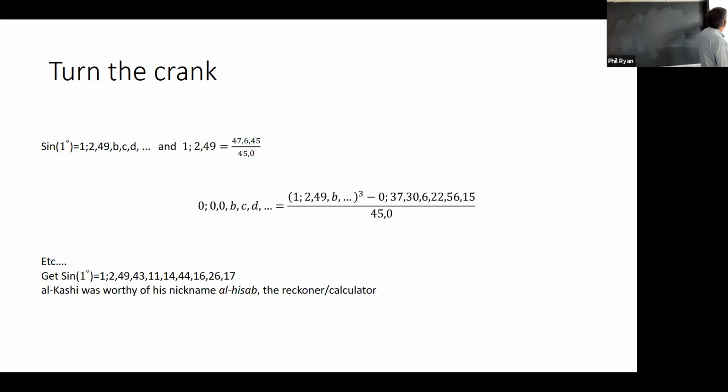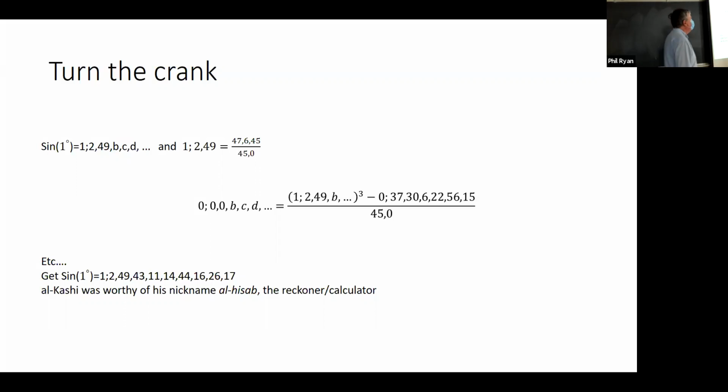Sine of 1 degree is 1249 BCD, or 1249. Again, we figure out what it is. That's a fraction, and so now we solve for 00 BCD. Okay, and so we subtract that from the previous thing, and so we get this.